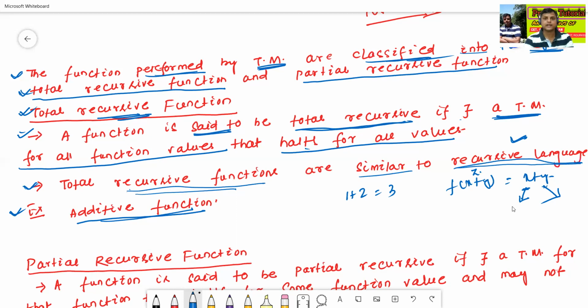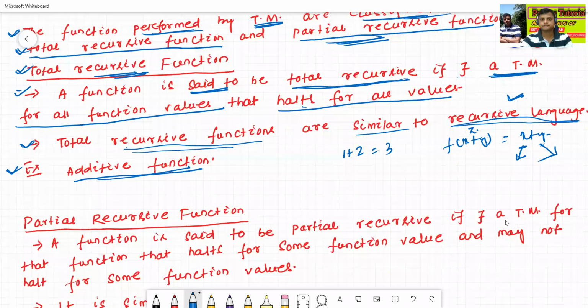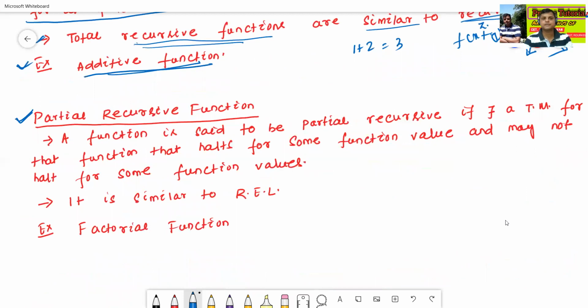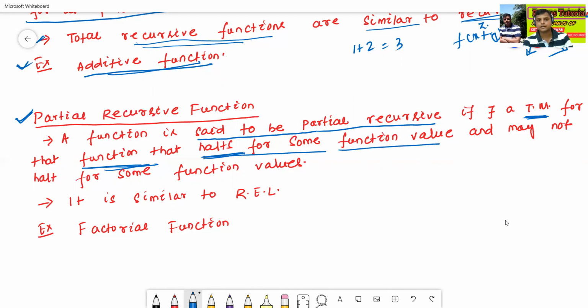The next one is called partial recursive function. What is the meaning of partial recursive function? A function is said to be partial recursive if there exists a Turing machine for that function that holds for some function values and may not hold for some function values.